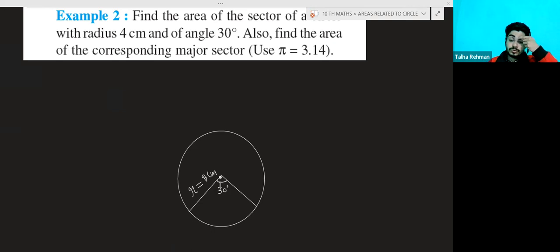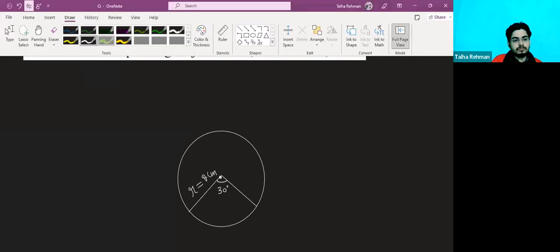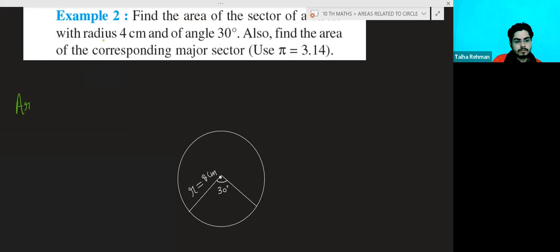So what I told you, the area of this sector will be the area of this minor sector. This is a minor sector.